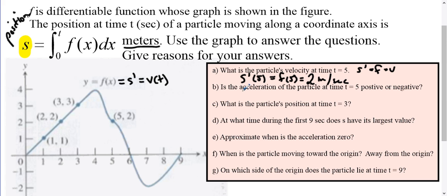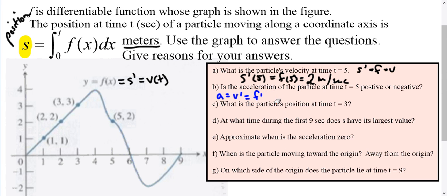Easy, right? Now, next one we have acceleration. What is the acceleration of the particle at t equals 5? Is it positive or negative? If we recall, acceleration is the derivative of the velocity function, which in this case is the derivative of our f function. So if acceleration is positive, f prime has to be greater than 0, or if it's negative, less than 0.